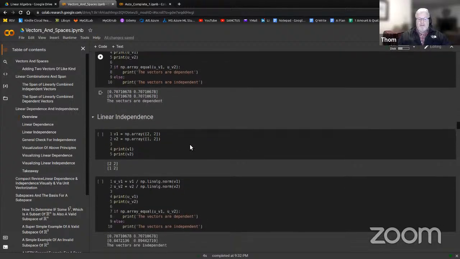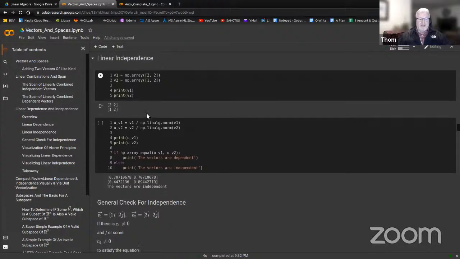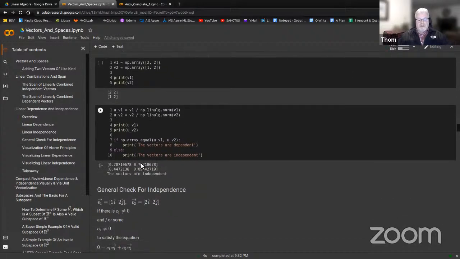And that's what we mean by dependence. But independence is when there's no scaling of the vectors that you can do to make them equal. So here we've done the unit vector approach on 2, 2, and 1, 2. And when we do that unit vector approach, we find that, oh, clearly there is no scaling of one of these vectors that will make it equal to the other vector.